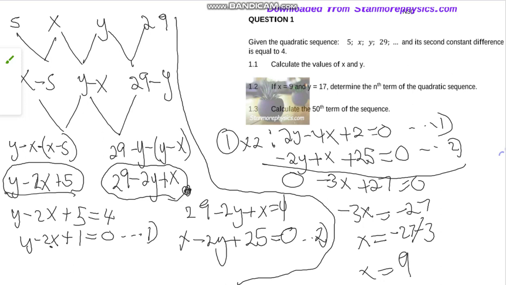You'll say y minus 2, where there is an x, you place a 9, plus 1 is equal to 0. Y will be minus 2 multiplied by 9 plus 1. It will give you negative 17, and that's it.